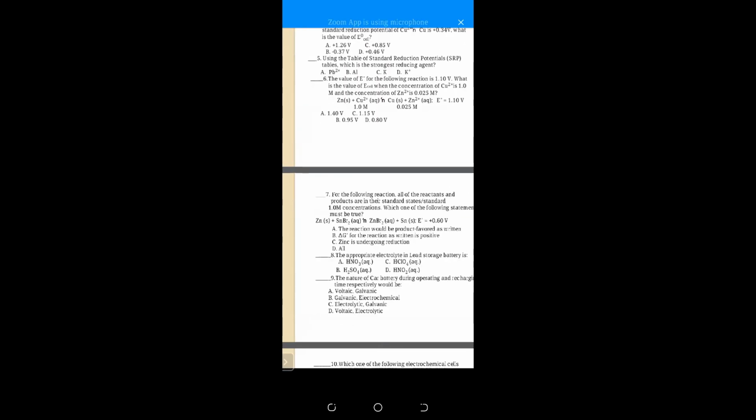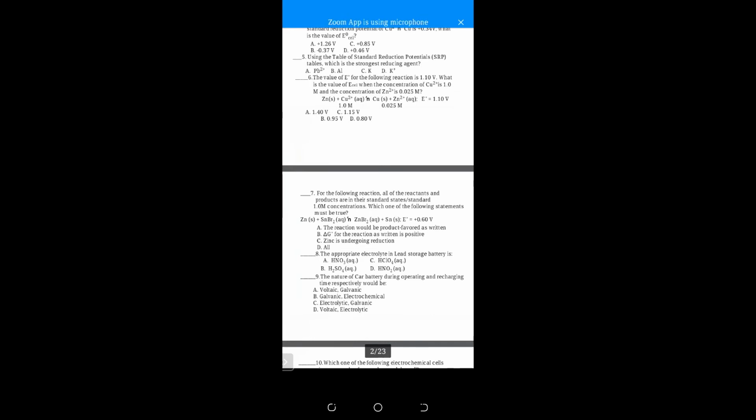The slide is visible, right? So which one of the following is true about this reaction? Already the reaction is given. The reaction would be product favored as written. Delta G for the reaction as written is positive. Zinc is undergoing reduction. Now, one by one: the reduction would be product favored.